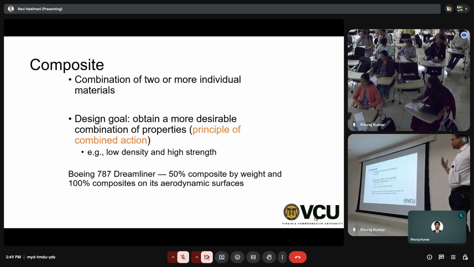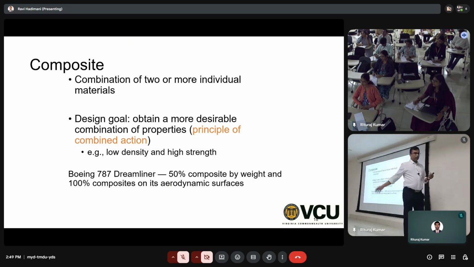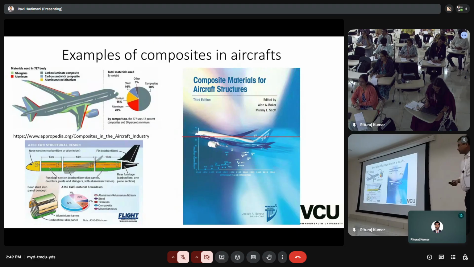It involves a lot of special techniques. We'll look at some of them, and you get desirable or better properties using composite materials, especially for structures like aircrafts where you need lighter but stronger materials, then you make a composite material.